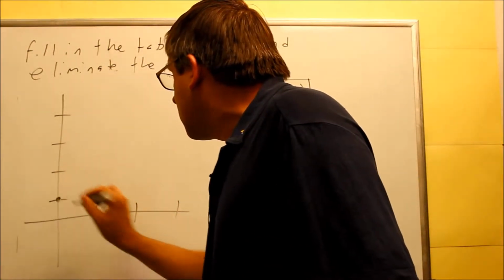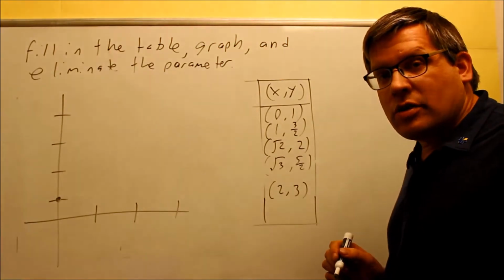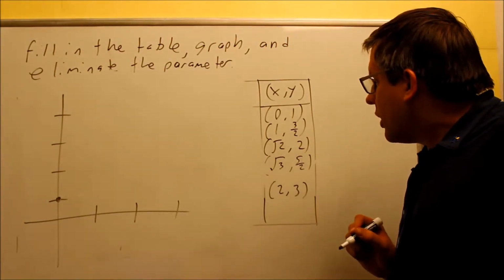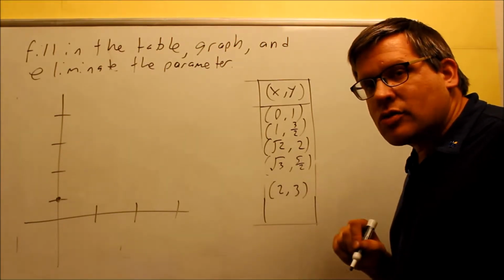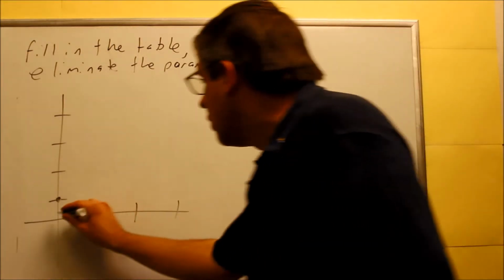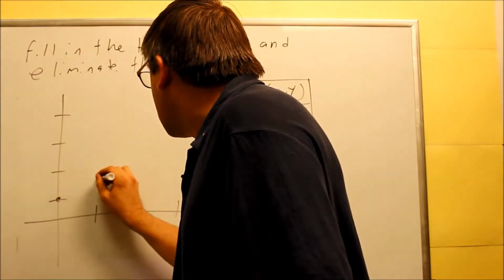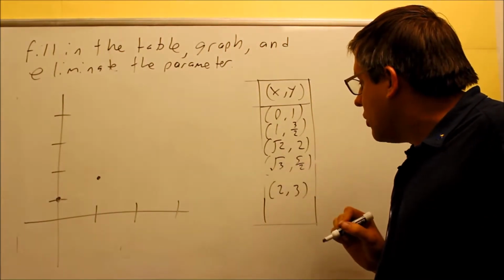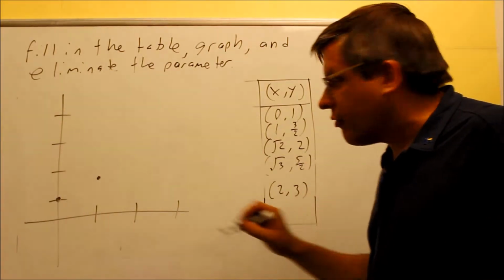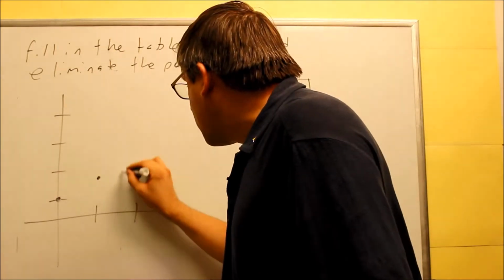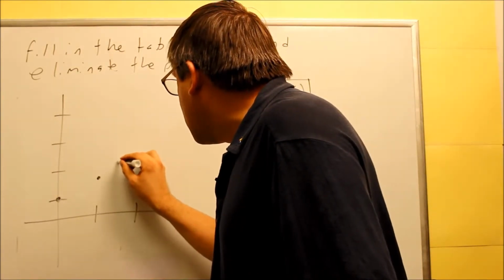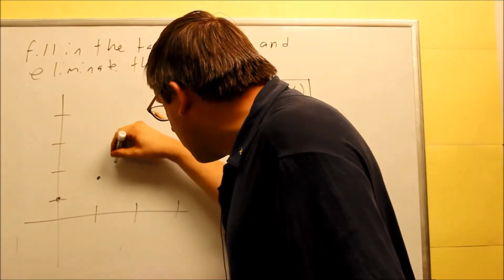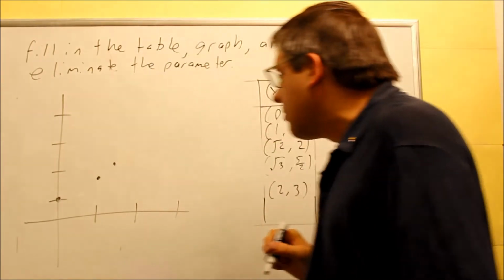That's going to be right here on the y-axis. Next point is 1 and 3/2. That's also the same thing as 1.5. So 1 and 1.5 is right here. Next, I have root 2 and 2. Root 2 is 1.4, and 2 would be about right here. Move it over a little bit more, probably about right there.